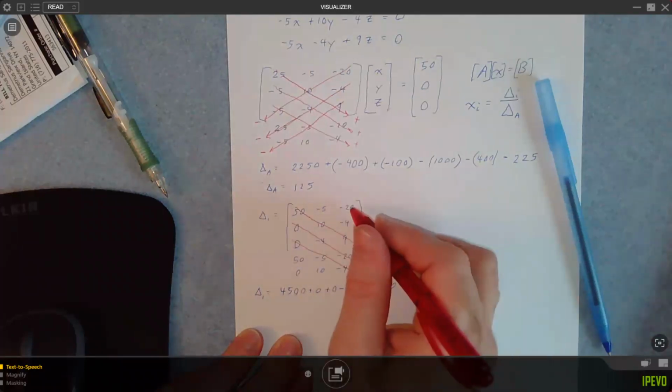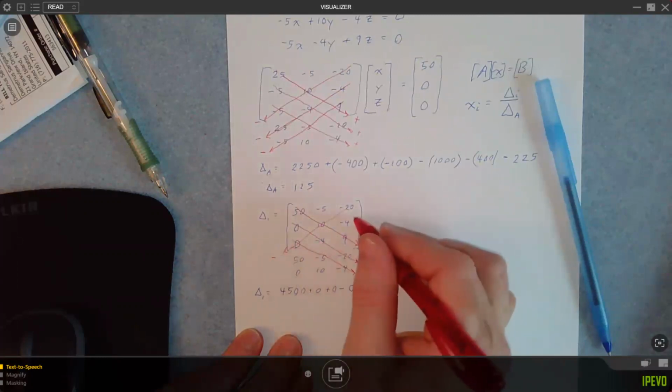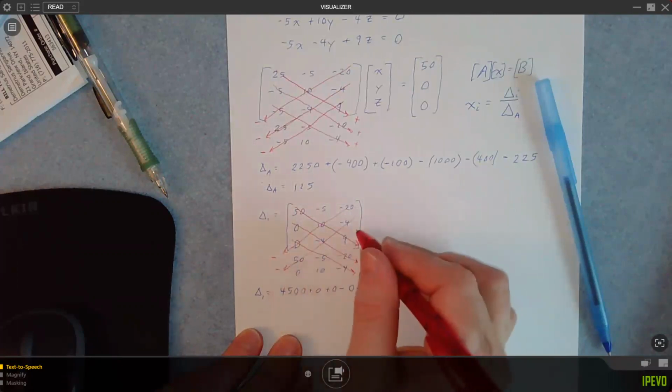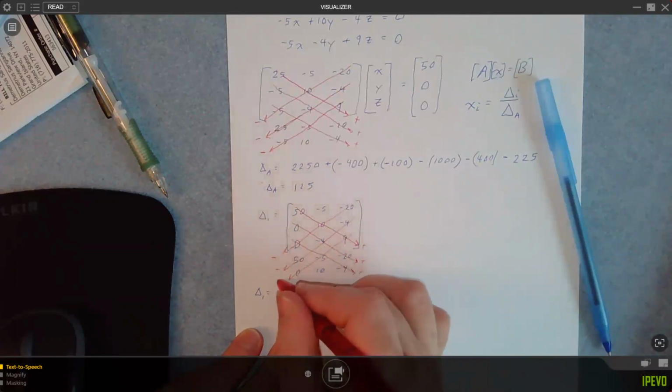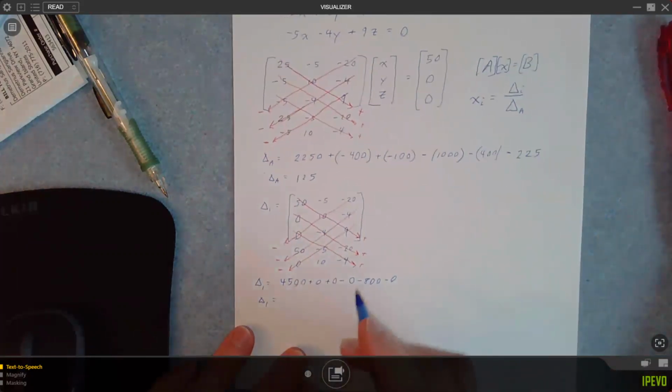It helps to draw the lines or circle it or something so you can keep it straight, or just be very neat when you're creating the matrix. So delta 1 is equal to 4,500 minus 800, 3,700.